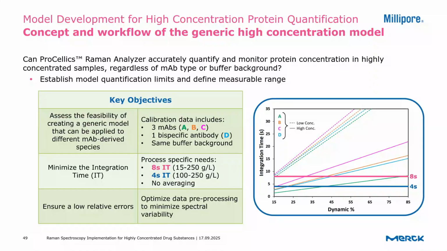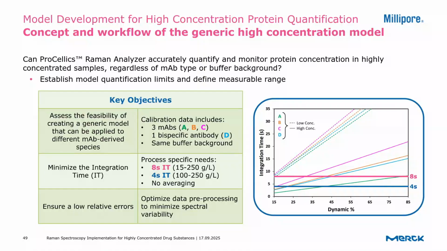In this work, we generated one model at 8-second integration time to show the maximum concentration range a model can span. And we did a second model at 4 seconds that highlights how integration time can be optimized for specific desired concentration ranges that may be based on specific customer needs or process needs.